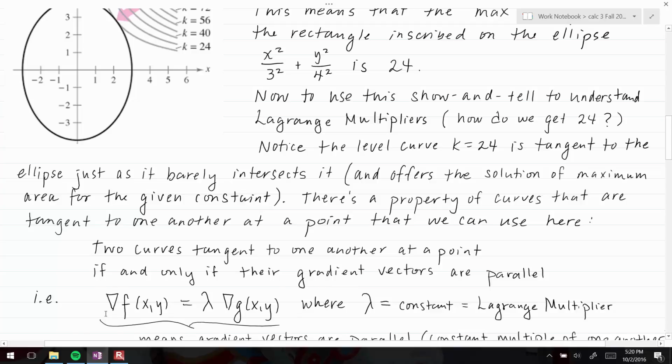The gradient of f is equal to lambda, which is a constant, times the gradient of g. These are vectors, and when they're parallel, this relationship holds between vectors. This is something we learned back in chapter 12. So that special lambda constant is the Lagrange multiplier. That's it.